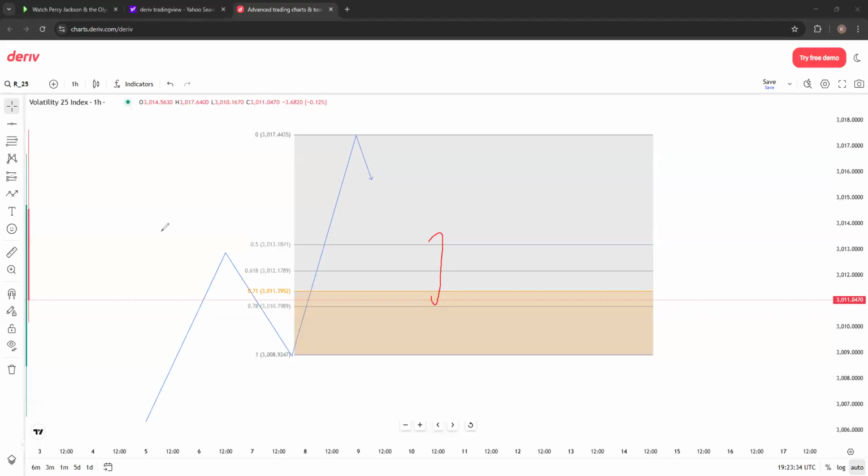But like I said, if we are seeing this from an H4 perspective, we cannot just come and buy when price taps the 0.50, neither buy when it taps the 0.618, nor buy again when it taps the 0.71. What we have to wait for is market structure.